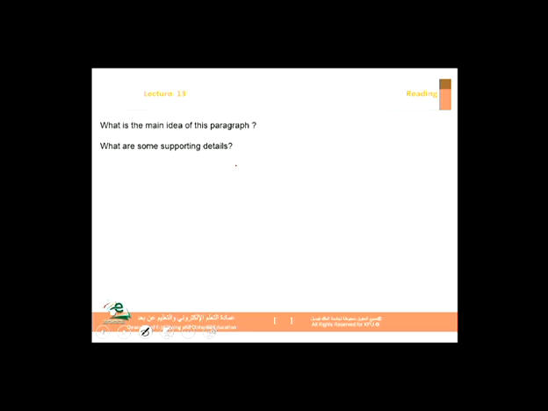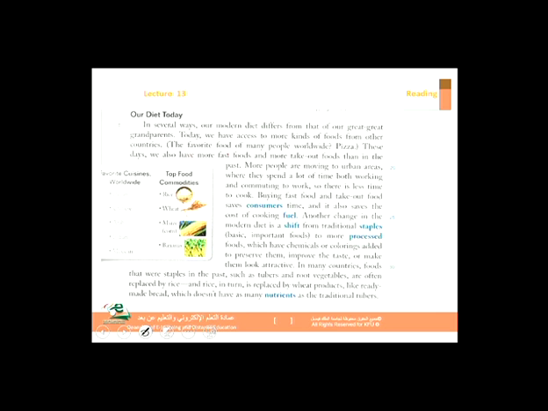Now, we ask ourselves as we read, what is the main idea of this paragraph and what are some supporting details? As you read, always ask yourself, what is the main idea? What is it that the author wants to tell me in this reading selection, in this paragraph? What is it that the author wants to say in 1 or 2 sentences? You should be able to say, well, this is just an example.